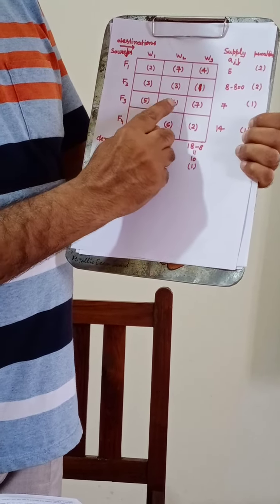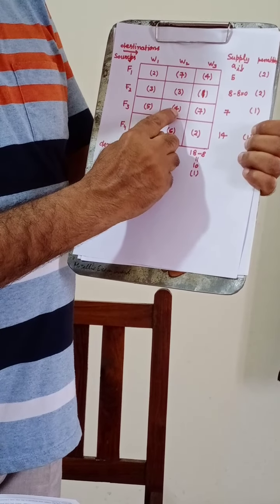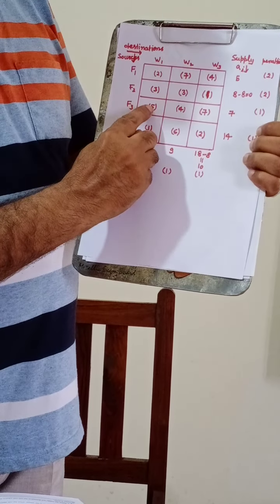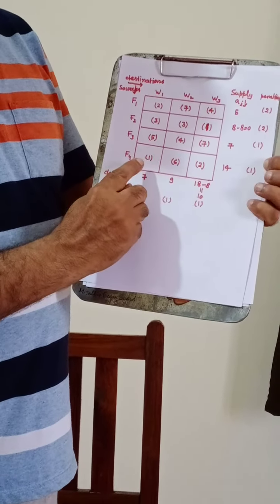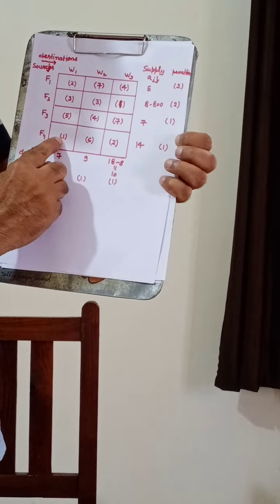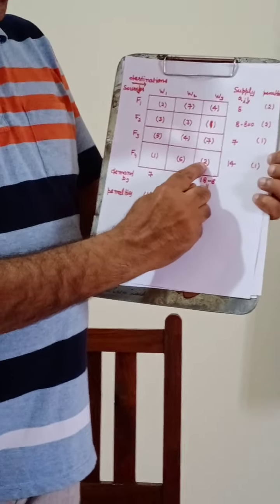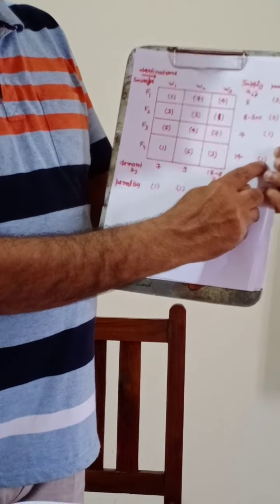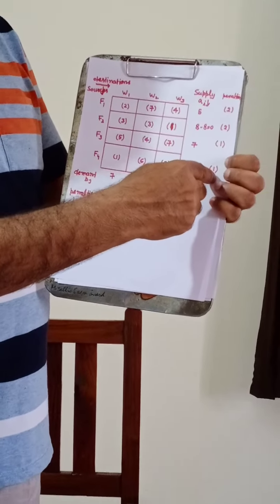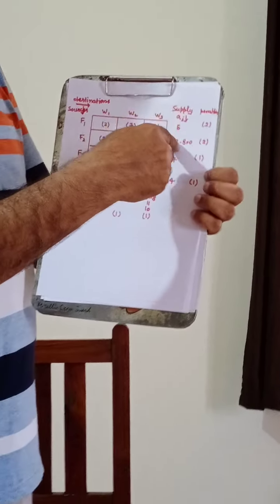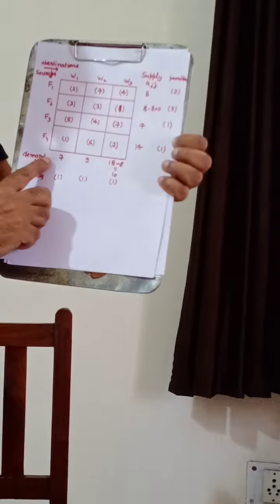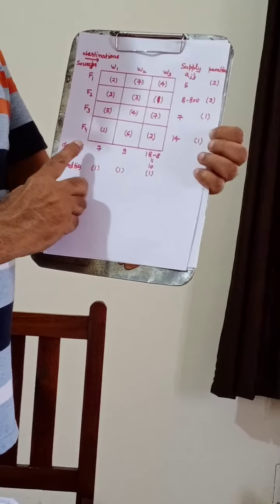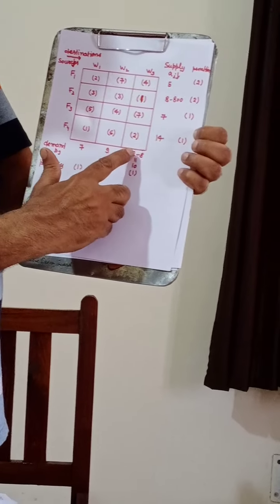In the third row, the lowest cost is 4 and the next lowest cost is 5, so its penalty is 1. In the fourth row, the lowest cost is 1 and the next lowest cost is 2, so its penalty is 1. So these are the penalties of the 4 rows. Here the supplies are given as 5, 8, 7, 4, and in the columns the demands are given as 7, 9 and 18.